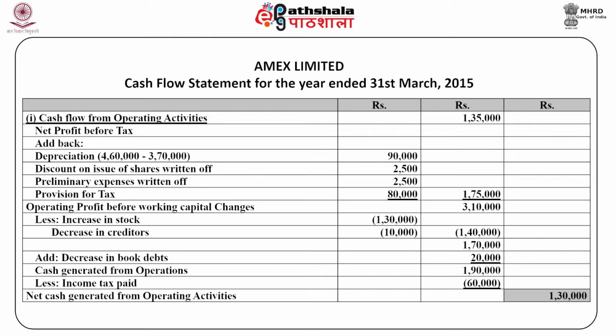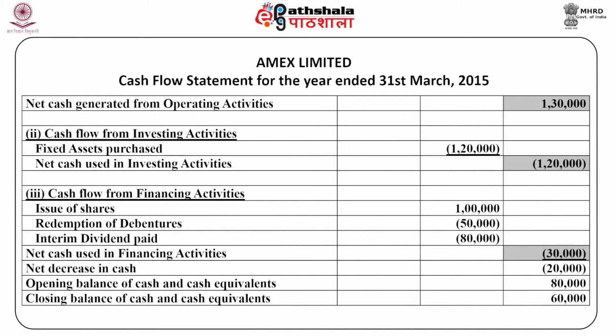To this, we will add decrease in book debts 20,000. So the cash generated from operations comes to 1 lakh 90,000. From this, we will deduct income tax paid of 60,000, and net cash generated from operating activities is shown in the last column as 1 lakh 30,000.